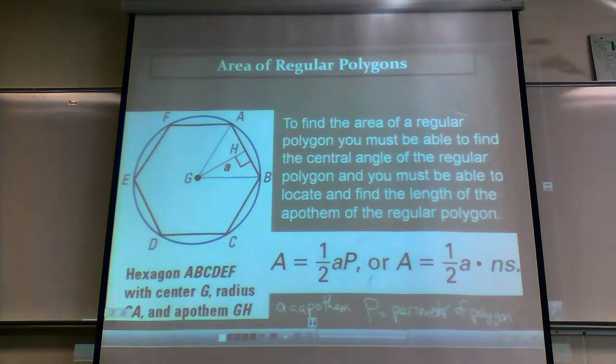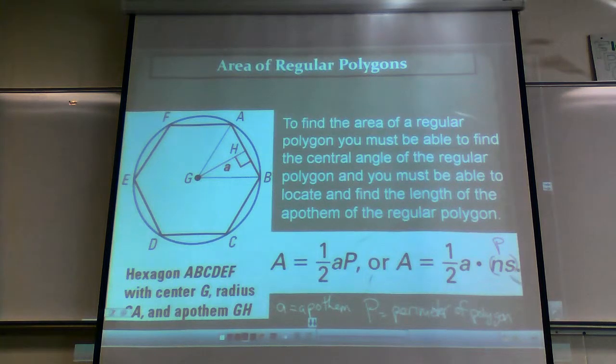And the difference between them: N is the number of sides, S is the side length. The number of sides times the side length is how you find the perimeter. So this right here is essentially P.